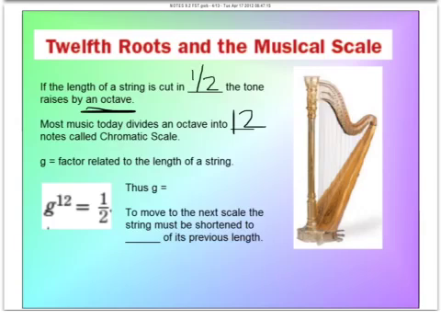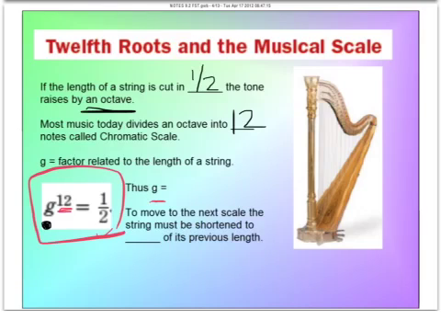All right, here's our formula. Have G be the factor related to the length of the string. So G is the factor related to the length of the string, and we know that we can get 12 notes in the octave, and that octave is created when we cut the string in half. So they're giving us this relationship. The question is, if this is the relationship, what does G equal?